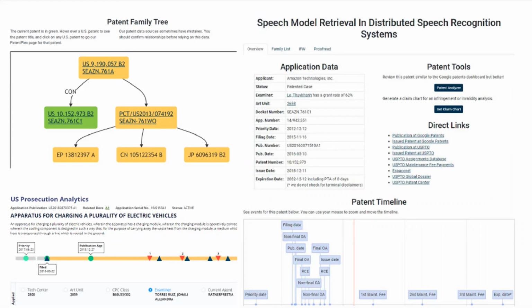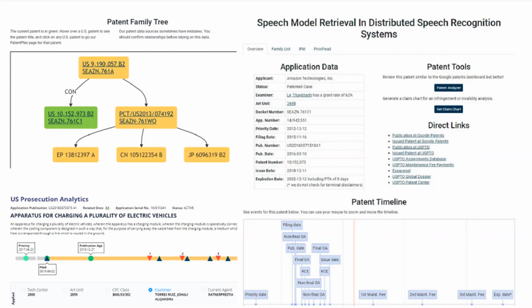That is, you have the parents, the grandparents, and the children. And it's important here to check the date of priority claims and publication dates. And horizontally, this isn't shown, but I think it's also important to look for sibling patent applications that have been filed off of these US cases.